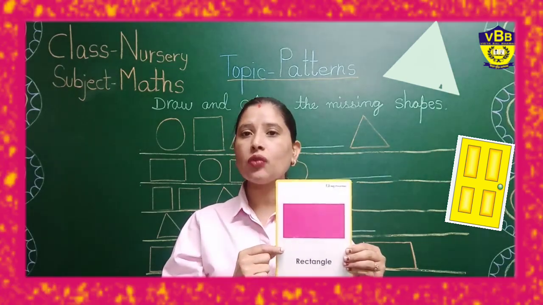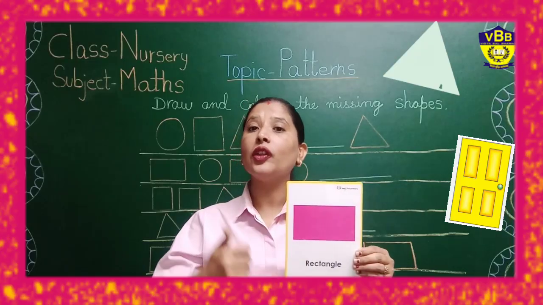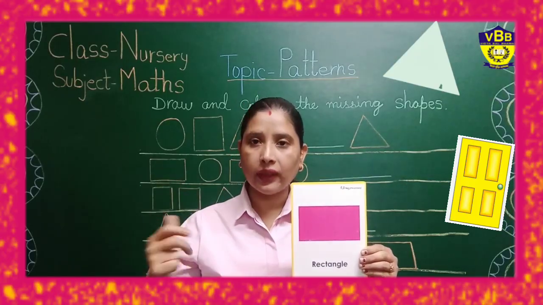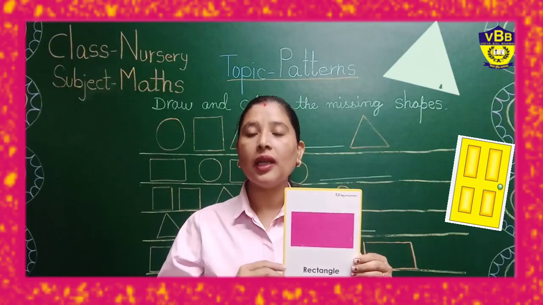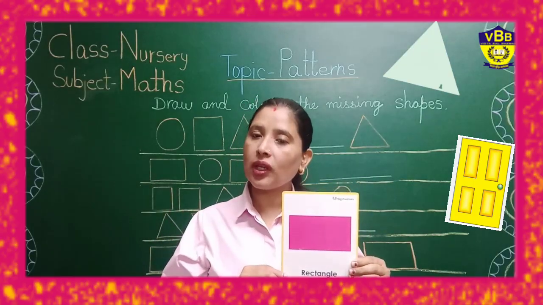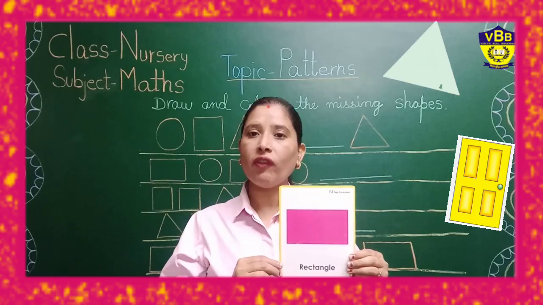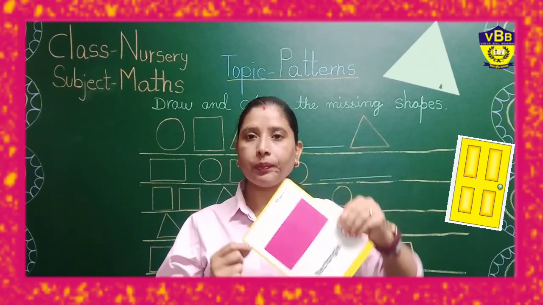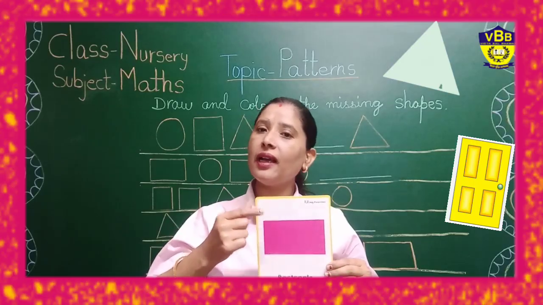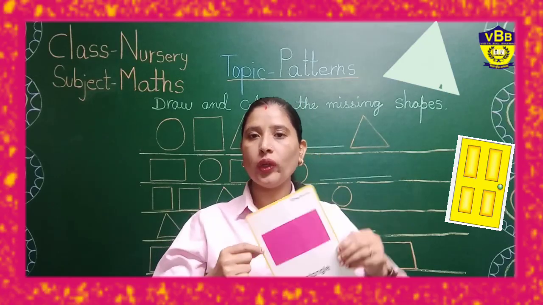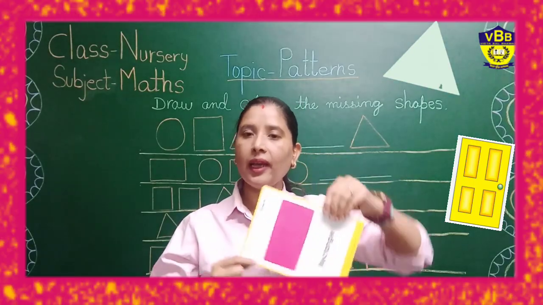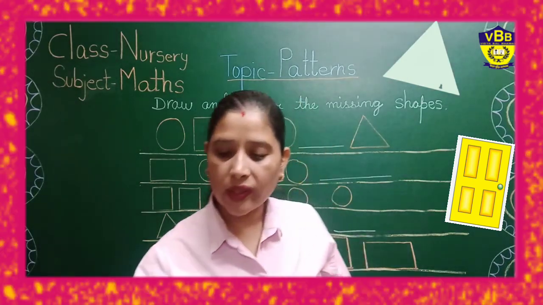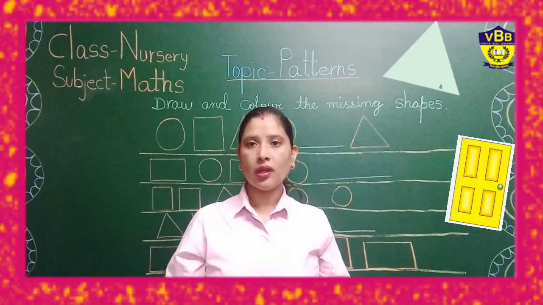The objects which look like such a rectangle are your pencil box, your study table, your center table, the dining table, teacher's board, teacher's table and so on. If I rotate it like this, then also it is a rectangle. If I rotate it like this, again it is a rectangle. So this is a standing rectangle and this is a sleeping rectangle. I hope you have understood about the shapes.